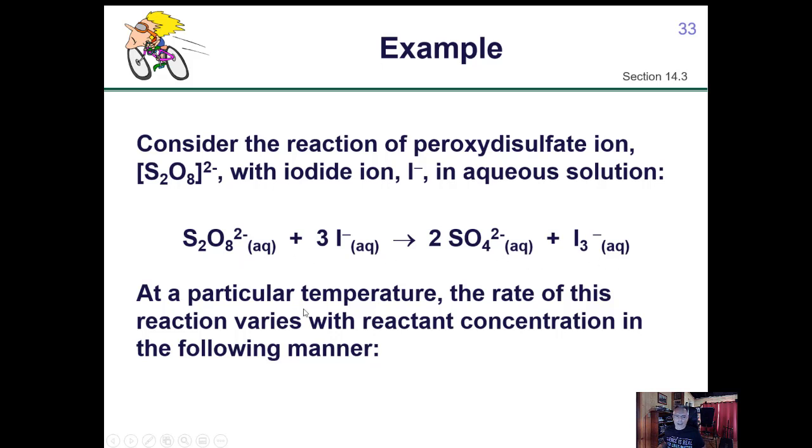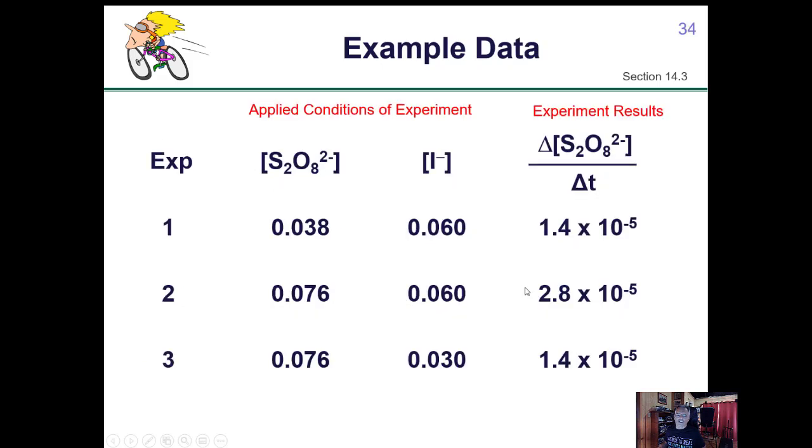At a particular temperature, the rate of this reaction varies with reactant concentration in the following manner. So we do the experiment, and we come up with a set of data for 3 discrete experiments. First experiment, we set the concentration of the peroxydisulfate at 0.038 molar, for iodide ion, 0.060 molar. And then we get a particular rate.